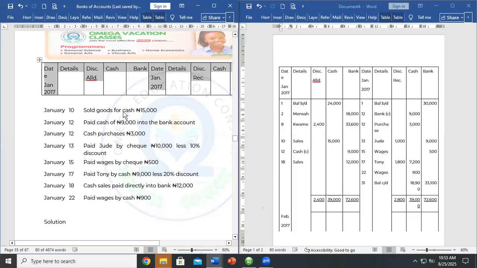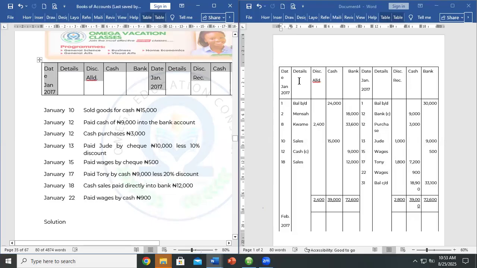You open your cash book. Please remember the title of the cash book here at the top. And you don't need to label it 3-column or whatever, just write cash book. It's the format that determines it.